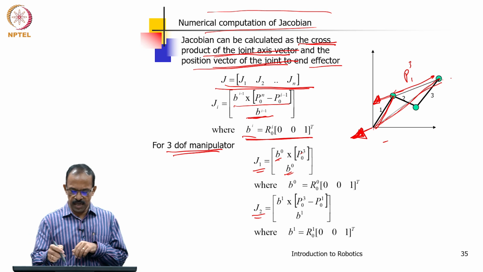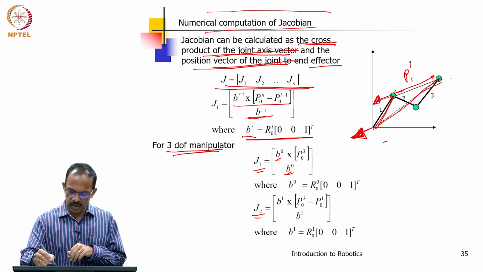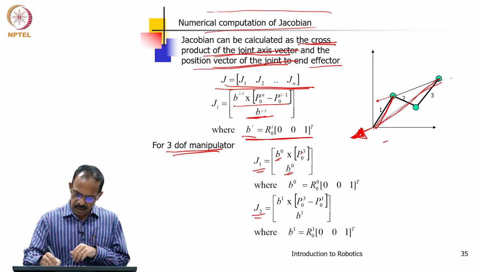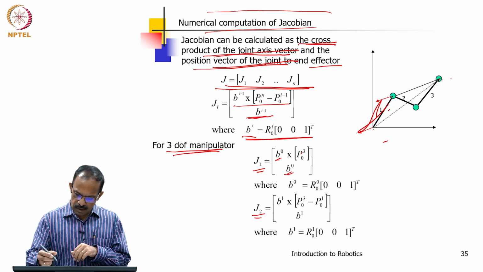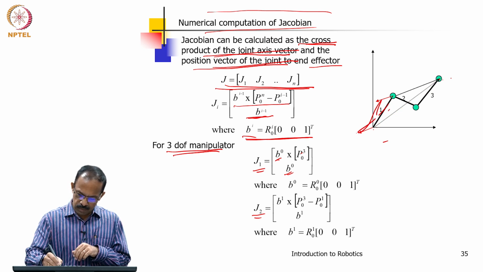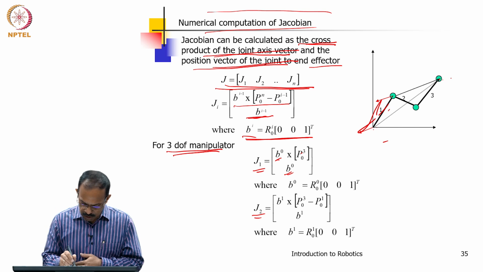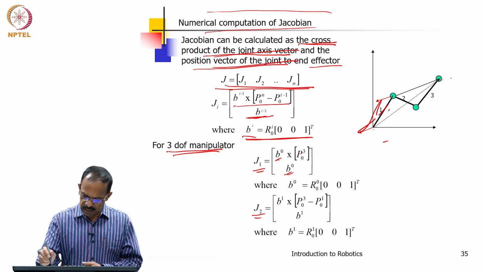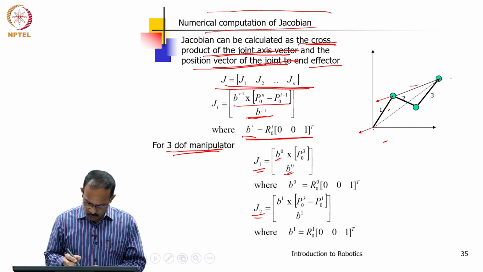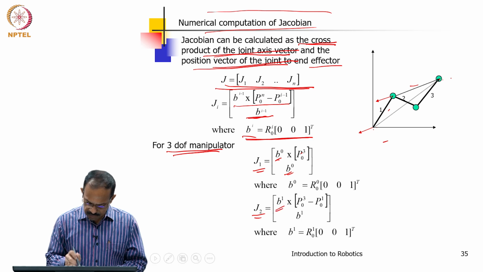So, P13 will be the position vector from 1 to 3. Okay. So, P03 minus P01 is the position vector, this one, and this one, B1, is the joint axis.